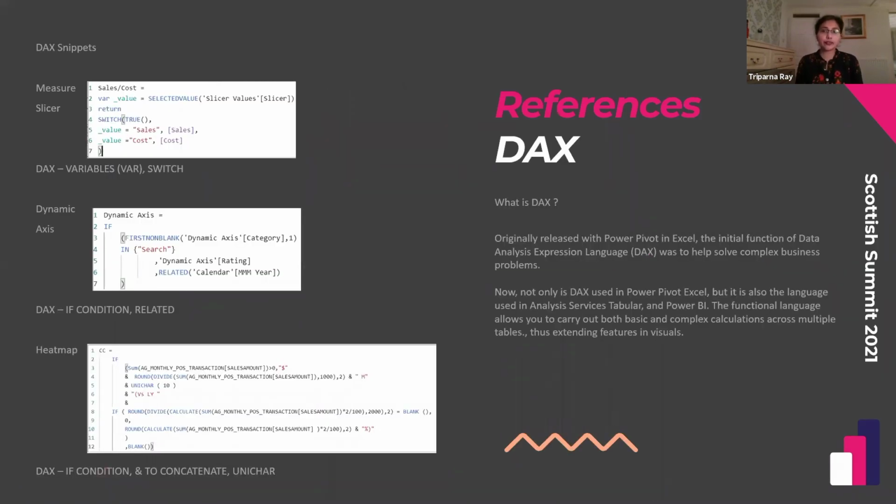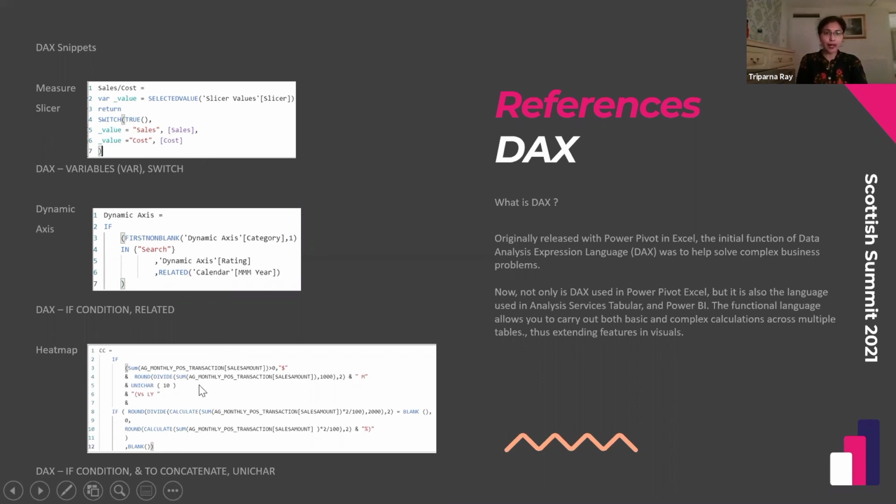Here, for the references for DAX, I have just given some of the snippets once again. For the measure slicer, we have just used a variable and the SWITCH function here to return the respective slices. Then for the dynamic axis, we have used the IF condition and the related functions here.